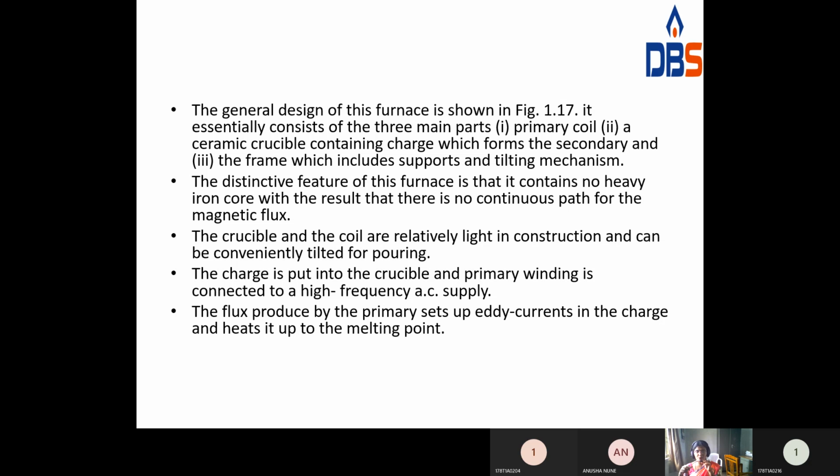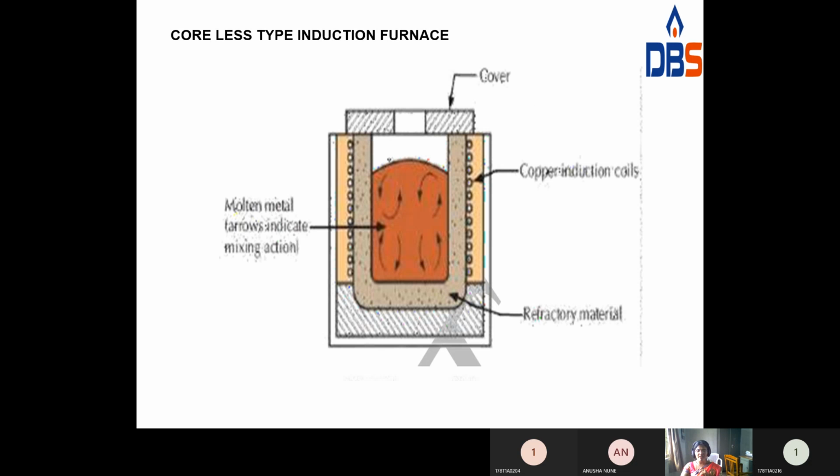Whenever there is no core, there are no heavy iron parts, and as a result there is no continuous path for magnetic flux. So the crucible and the coil are very light in construction and convenient to use. At that time you can easily pour the molten metal out of the crucible.